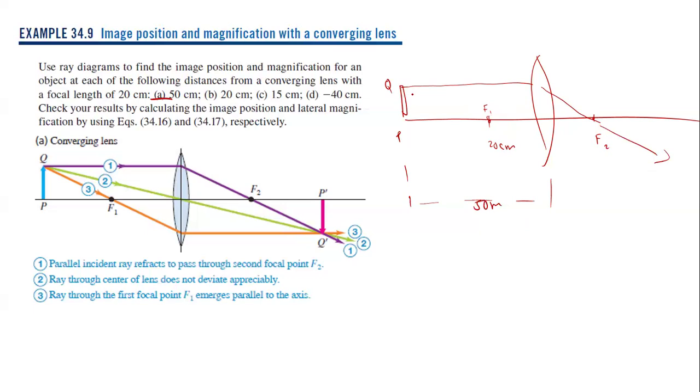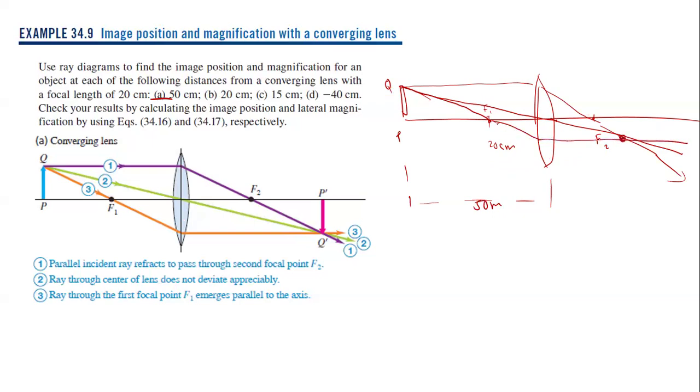The second is the ray through the center again. And the third one goes toward F1, and then it converges.